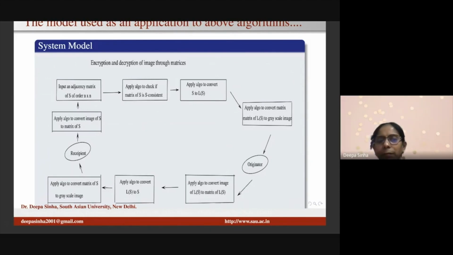When it is received by the recipient, what will he do? He will apply the algorithm to convert the image of LS to a matrix of LS, and from the matrix of LS, by using the algorithm, he will convert it into S.